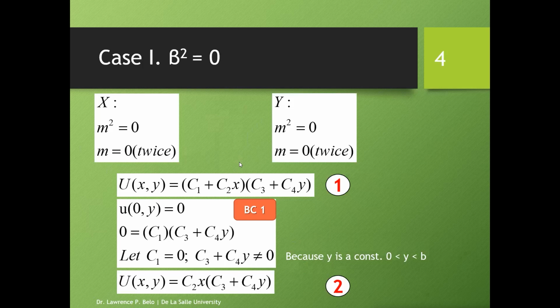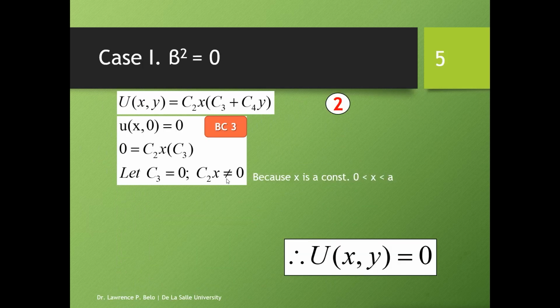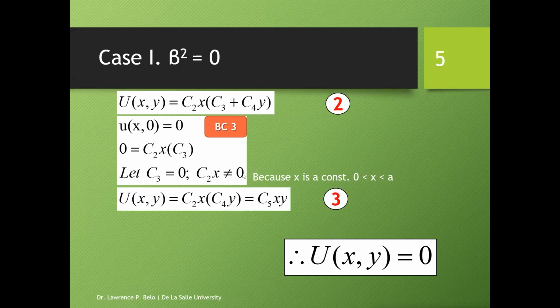So going back, if C2x cannot be 0, only C3 can be 0. Go back to equation number 2. When C3 is 0, we get C2x times C4y. But isn't it that C2 and C4 are both constants? So let's just call that one constant C5.